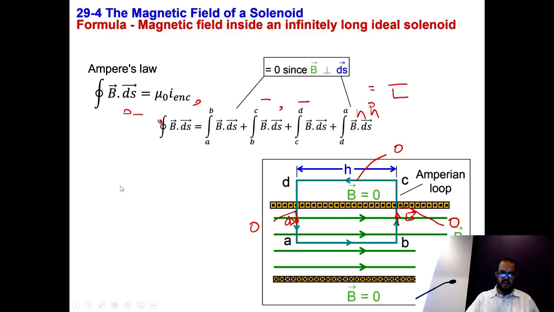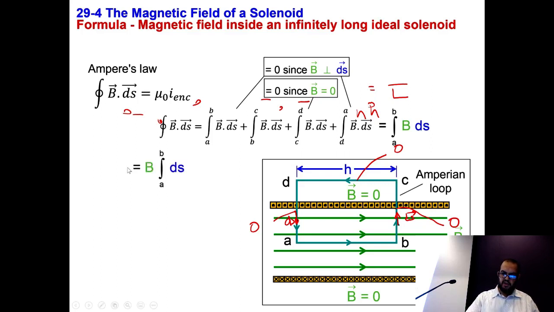We said that the B dot ds along the AD and BC sections are 0, and also outside the solenoid along the length CD is 0. So the only thing remaining is the integral over AB, B ds.